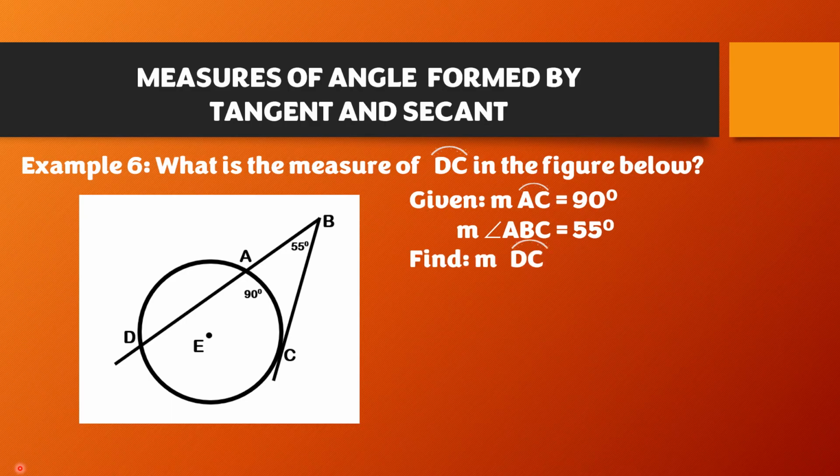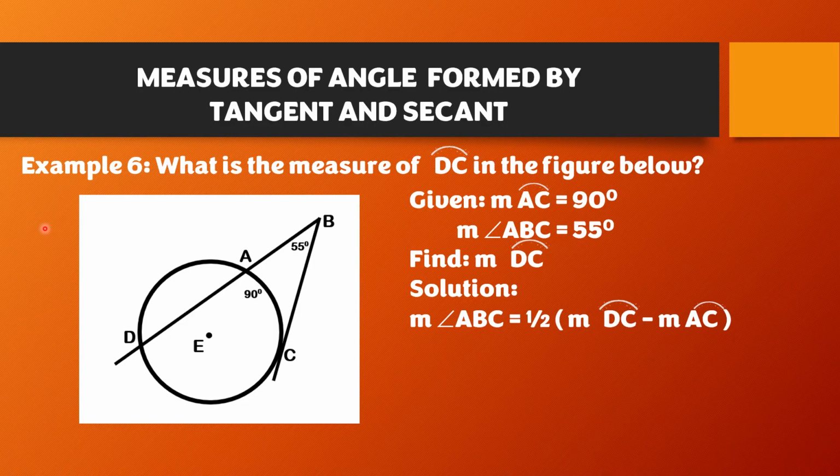And we're going to find the measure of arc DC. We're going to find the measure of this arc. For the solution, we have the measure of angle ABC is equal to 1/2 times the measure of arc DC minus the measure of arc AC.